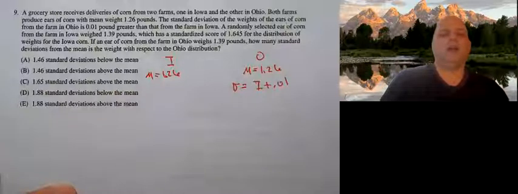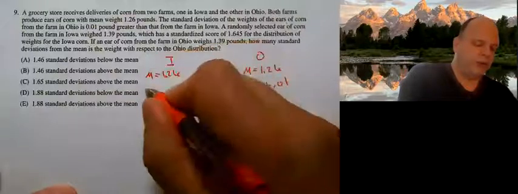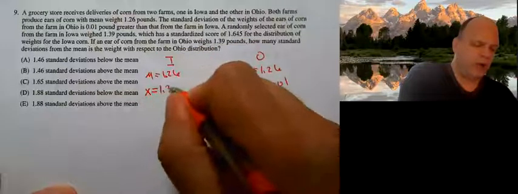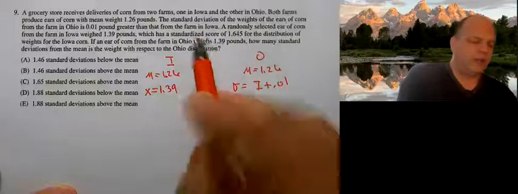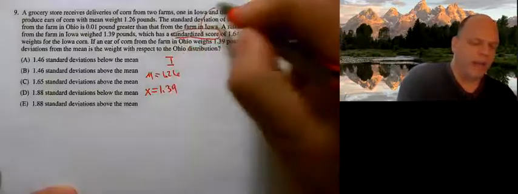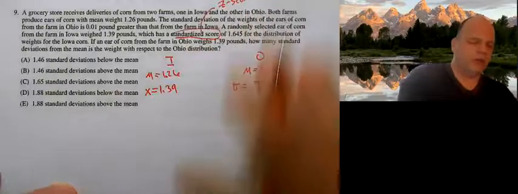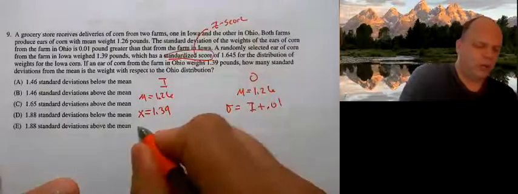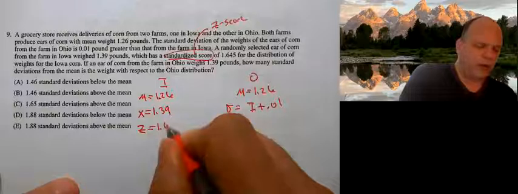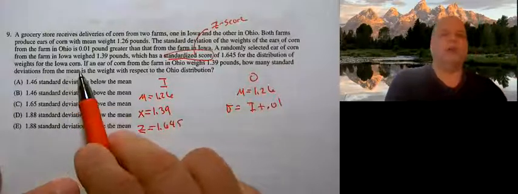A randomly selected ear of corn from Iowa weighed 1.39. So we have an X equal to 1.39, and it has a standardized score. Whenever they say the phrase standardized score, this means we have a Z-score. And so in this case, our Z equals 1.645 for the distribution of weights of the Iowa corn.